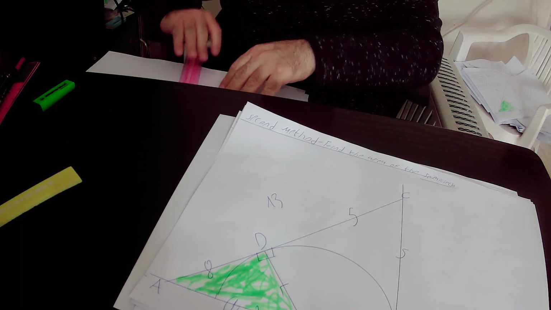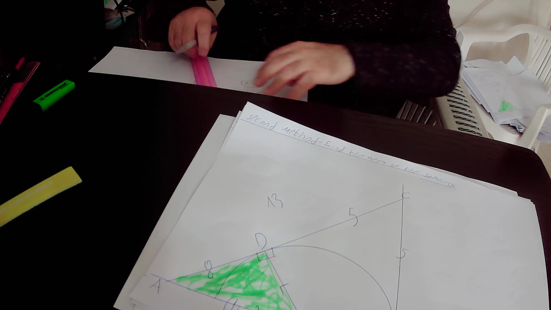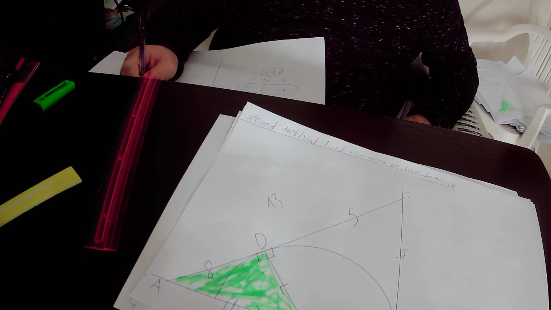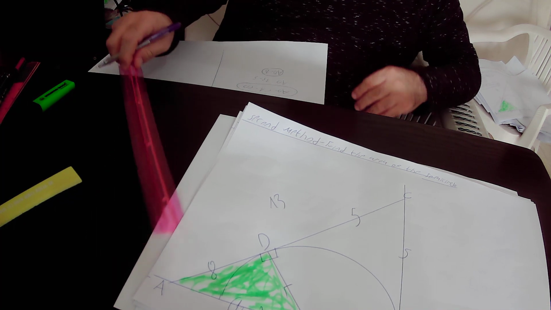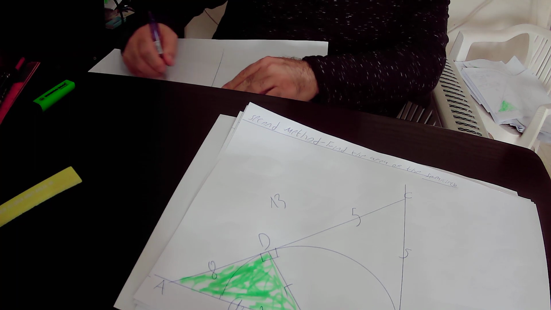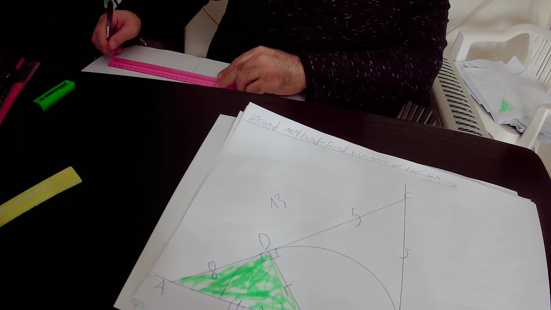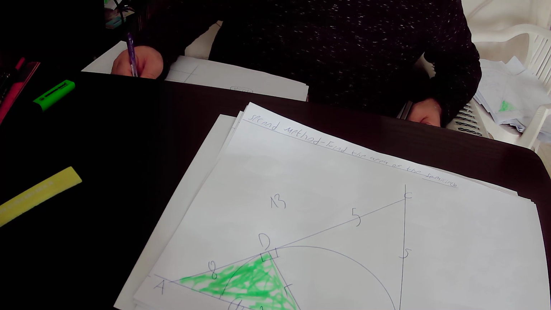And according to the Pythagoras theorem, the square of the hypotenuse equals the sum of the squares of the perpendiculars.